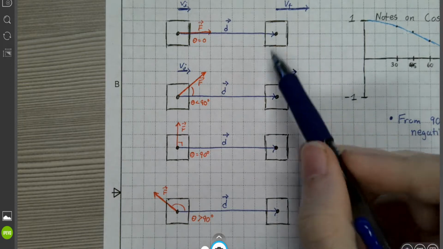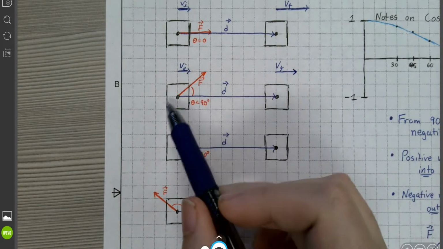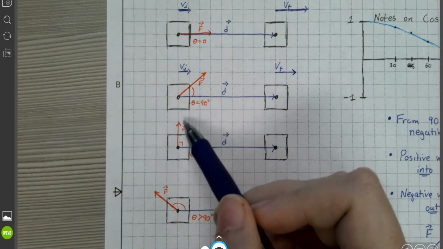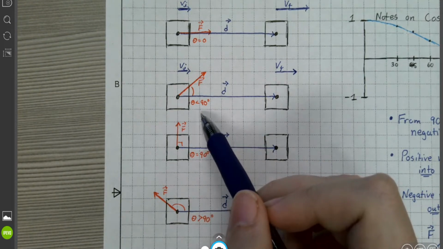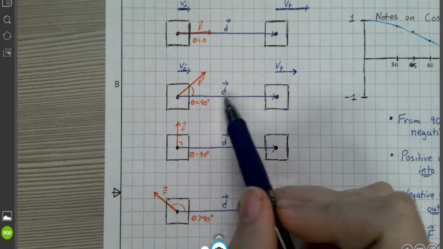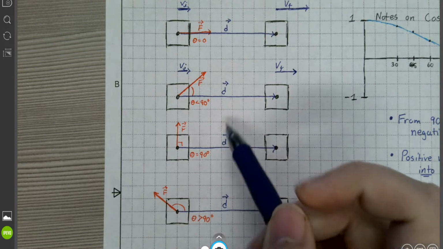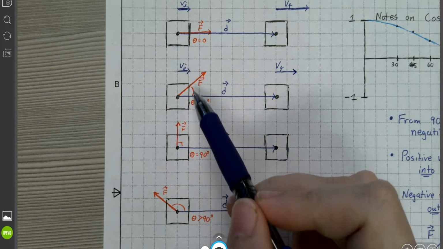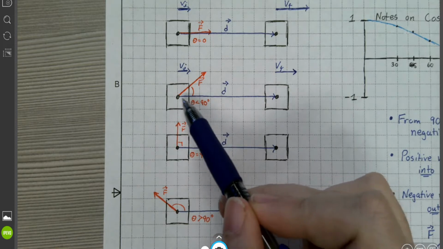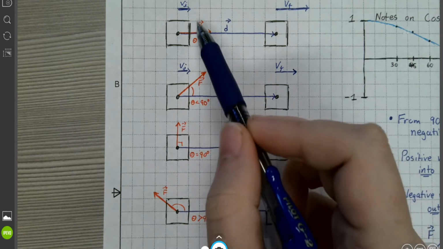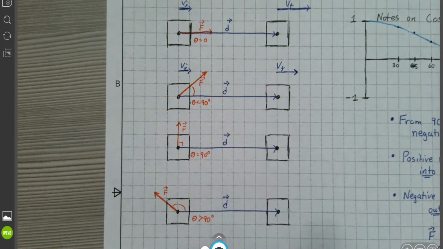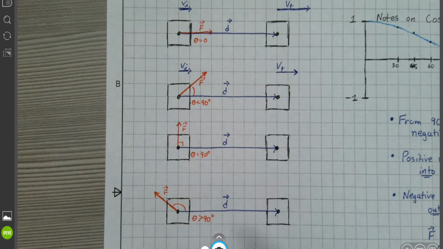So the energy transfer won't be as much. You're still putting energy into the system, but not as much, because you're not pushing straight in line with the object. So in F d cosine theta, the cosine theta is going to be a smaller component, so you're not going to get as much energy as if you were pushing straight in line, or parallel.